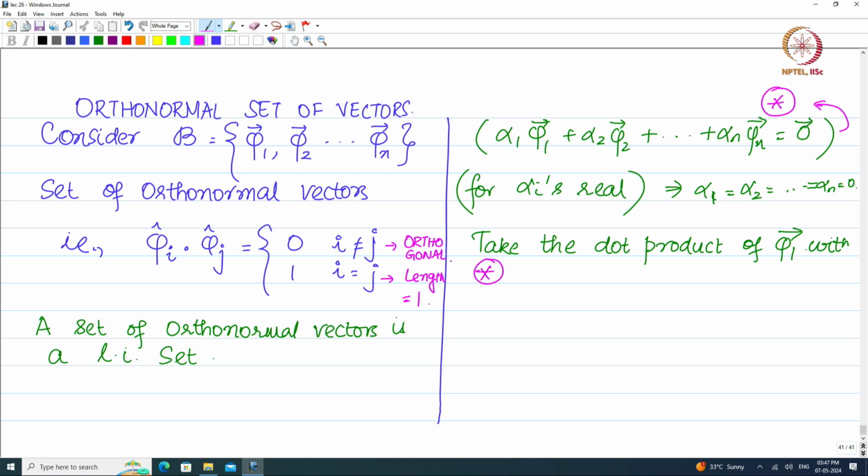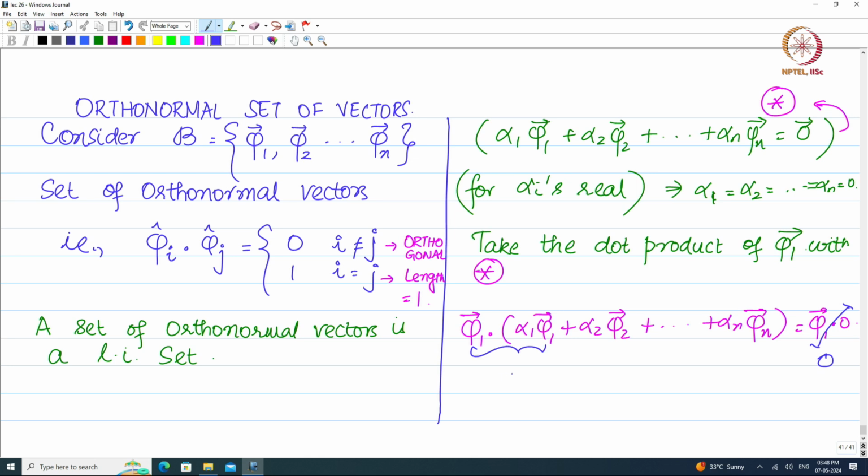So, what do we get? phi 1 dot alpha 1 phi 1 plus alpha 2 phi 2 etcetera plus alpha n phi n is equal to phi 1 dot 0, and the dot product with 0 gives 0.